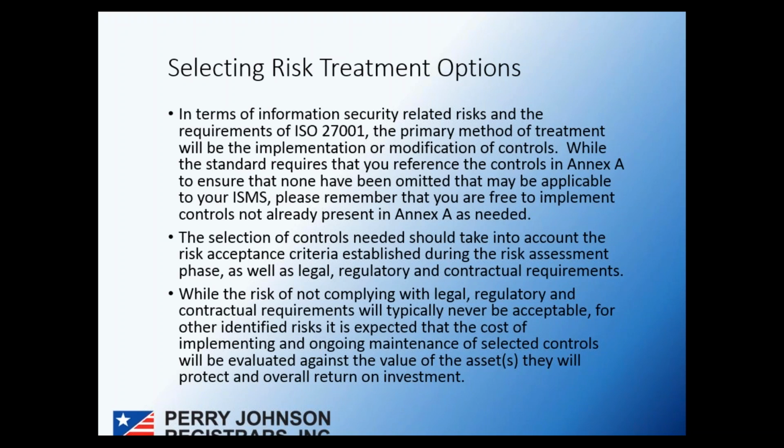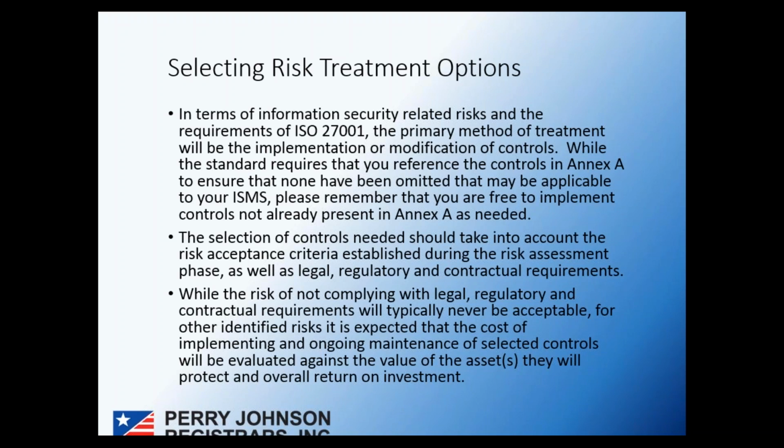So obviously there's an acknowledgement by the authors of the standard that although they believe the control set they've included in Annex A is comprehensive, things can change, and the idea is that you shouldn't feel that you're limited to only select controls that are listed in that annex.